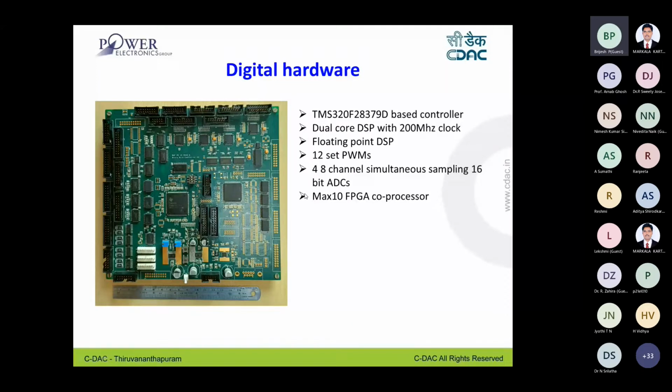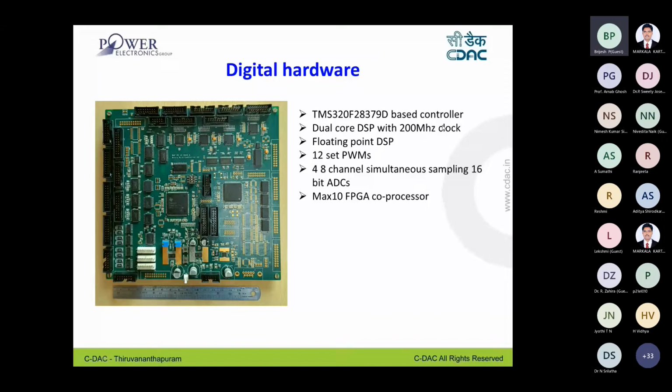And also in this system, we are using an 8-channel simultaneous sampling system with ADCs for analog data collection. So this is some basics about the digital hardware developed in CDAC.